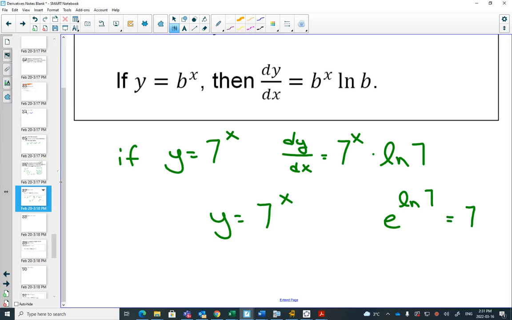So another way that I could write 7, if I wanted to be fancy, is e to the natural log of 7, which would allow me to rewrite 7 to the x as e to the natural log of 7, to the x. Wow, that is a bad-looking n. We're going to fix that up.